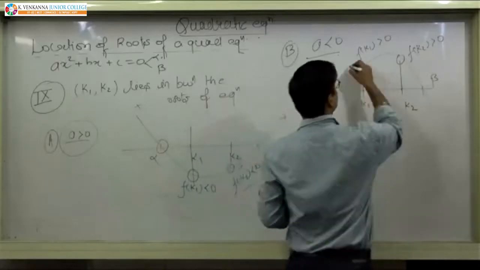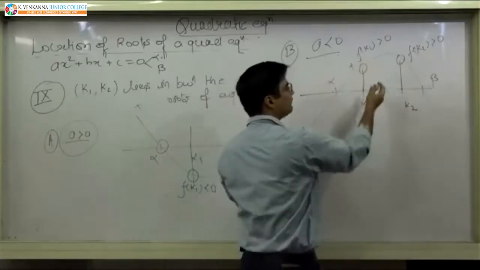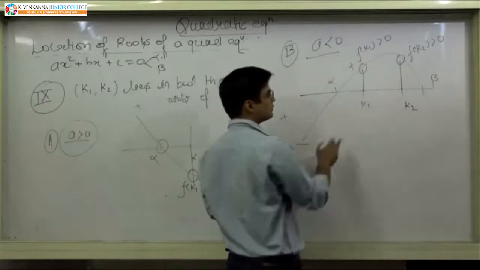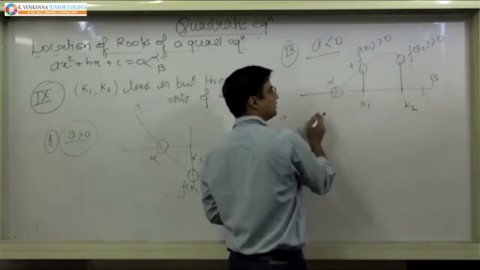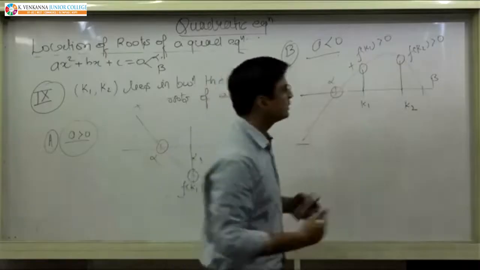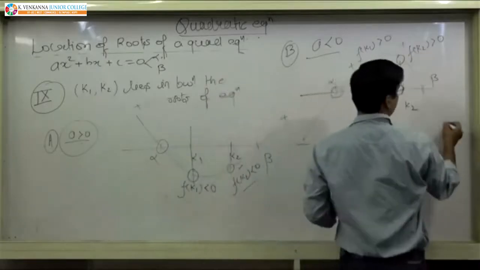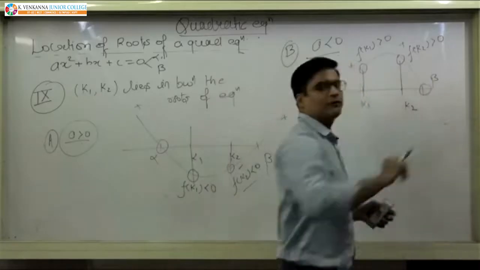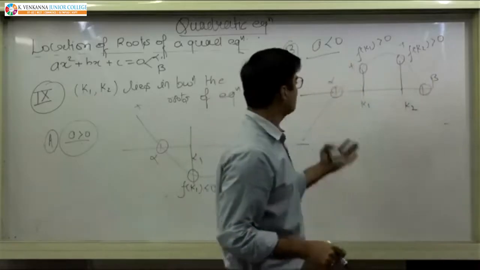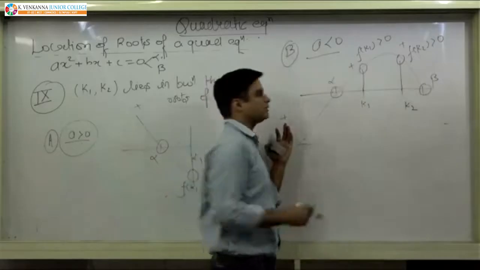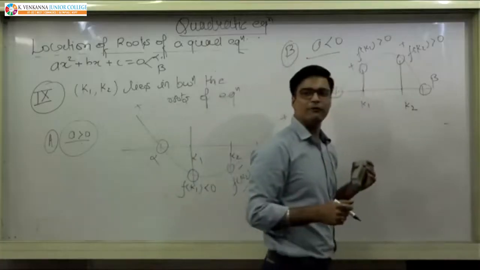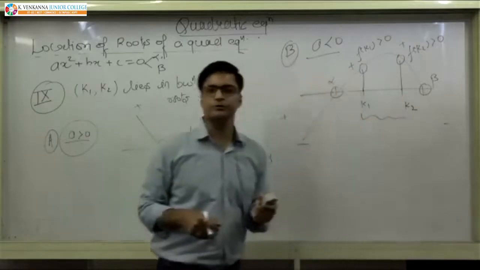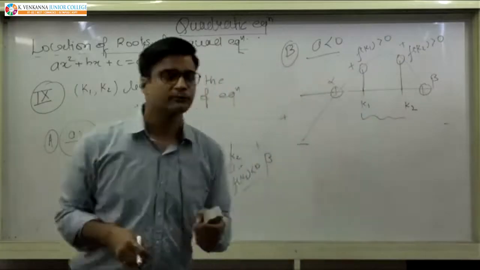F of K1 is positive, that means the graph will intersect the x-axis before K1. So one root is lying before K1. F of K2 is positive and here it is negative, that means it will cut after K2. So one root is lying before K1 and the other root after K2. That means K1, K2 lies between these two roots, right?